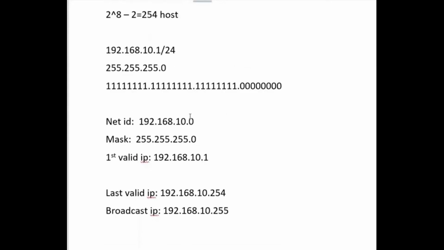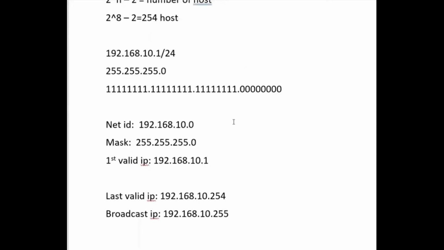And then what can we do with this number? For any network or subnet we need to set up, we need to find out a few important pieces of information, such as the network ID. In this case, we say the network ID is 10.0 because 0 is indicating the main network. The mask we get from our formula; the default mask is this one.